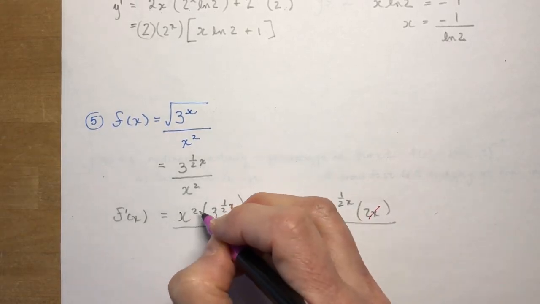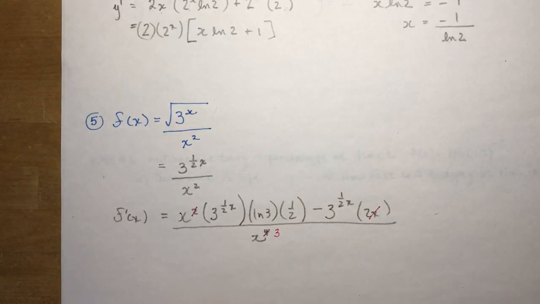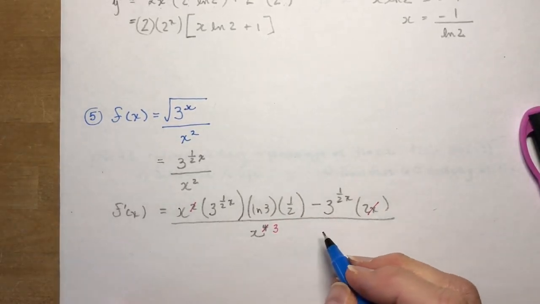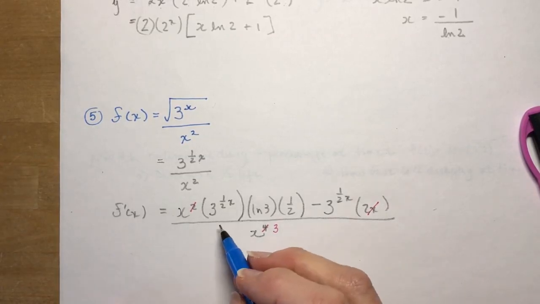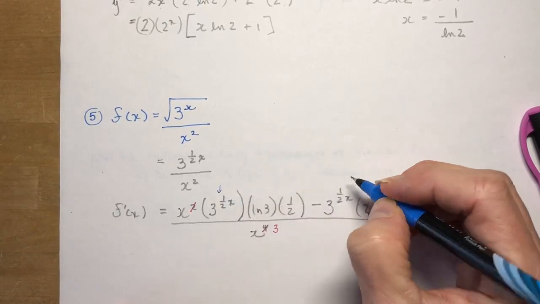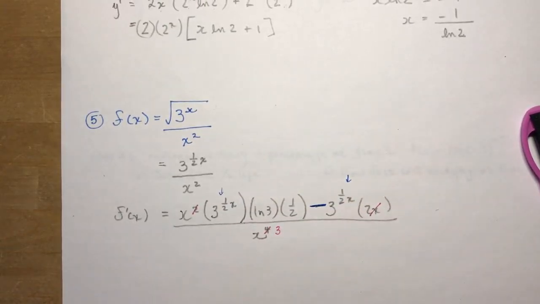So I have an x, I have 1x, and I'm going to make this 3. Common factors now, what can I take out of both sides here? Well, I have 3 to the 1/2 x, right? This one and this one. And remember, it's about this on both sides of the minus sign.